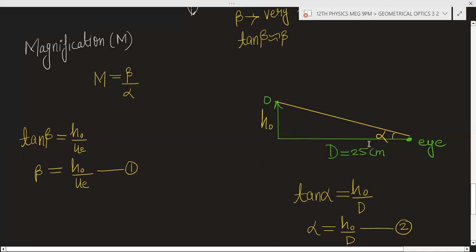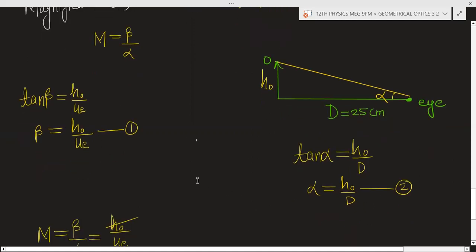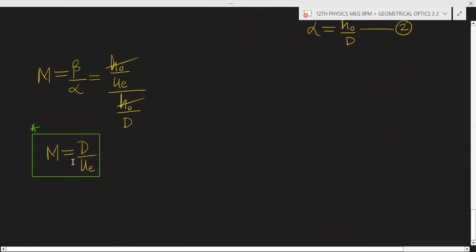That is why I have written tan alpha is equal to HO divided by D. Understanding? Yes, sir. Got it. So finally, the magnification of the simple microscope is M equal to D by UE.